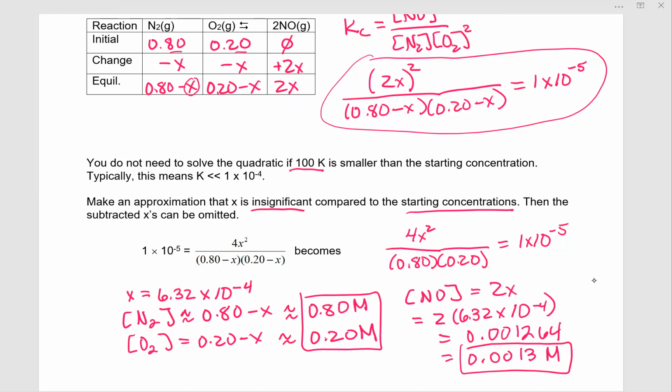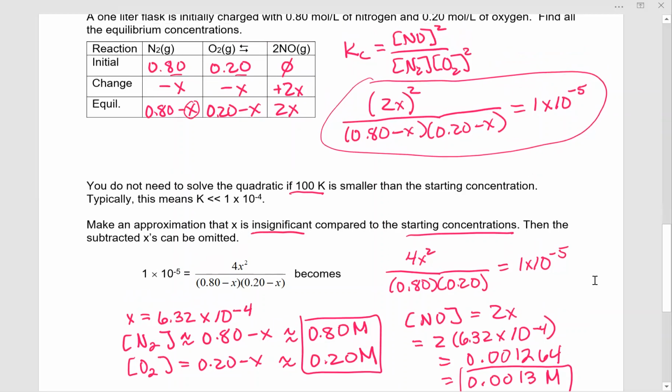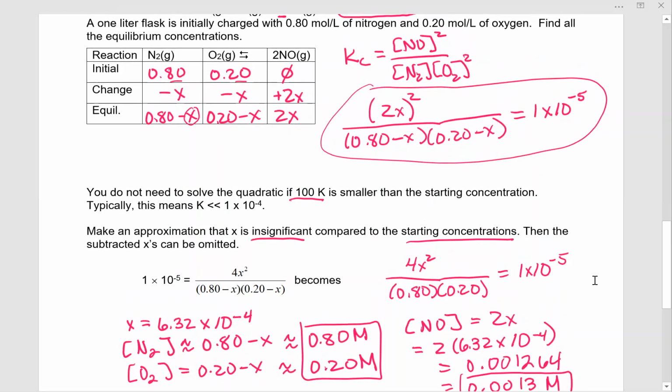So let's roll back and look at what we did. When we worked through the ICE table, we ended up with this rather messy circled equation where we had 2x squared over 0.80 minus x times 0.20 minus x equals 1 times 10 to the negative fifth. And in your head you went, oh, I hate quadratics. Now, you can solve the quadratic if you want. You can put it into your calculator and that will be just fine.